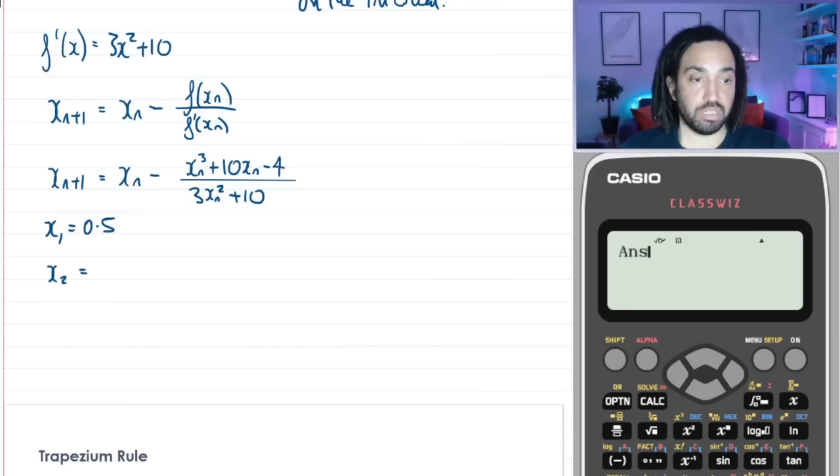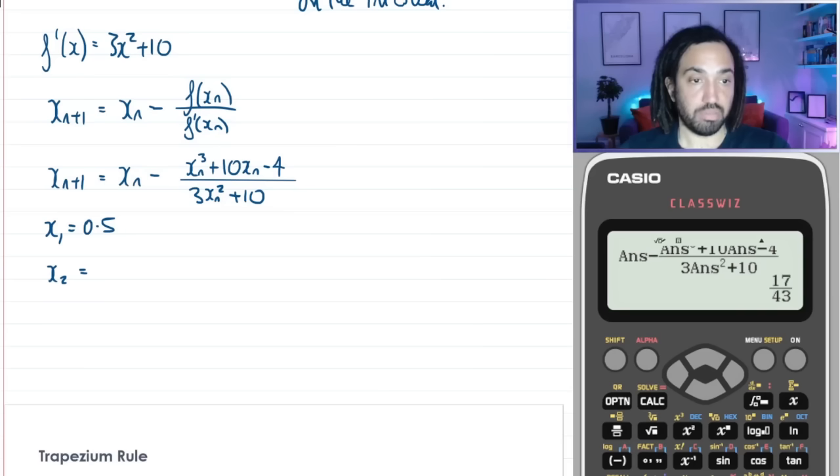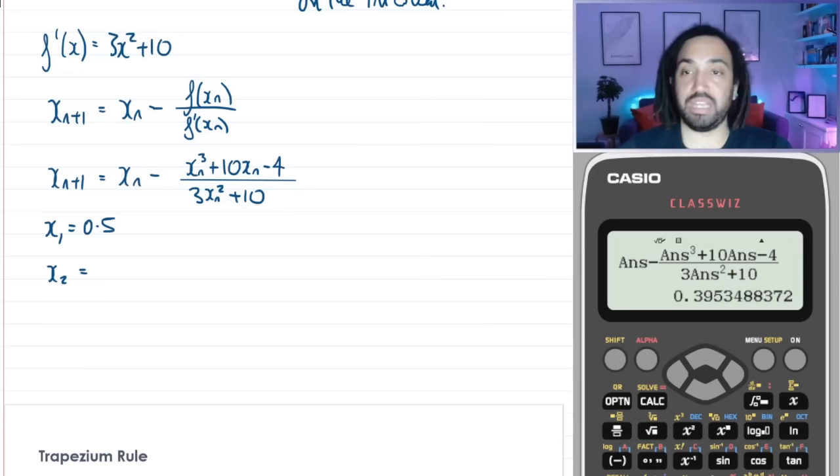So then we can press answer, and then minus, in brackets, answer cubed, plus 10 lots of answer, minus 4, over 3 lots of answer squared, plus 10. Press equals, and that will be our x2, and it says to 4 decimal places, so that's 0.3953.